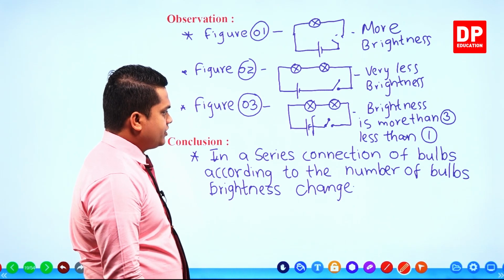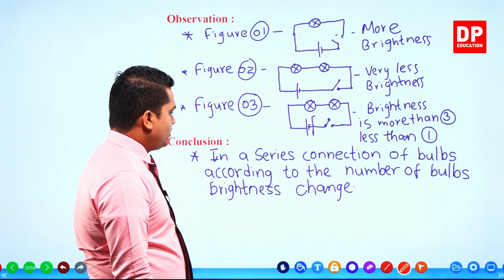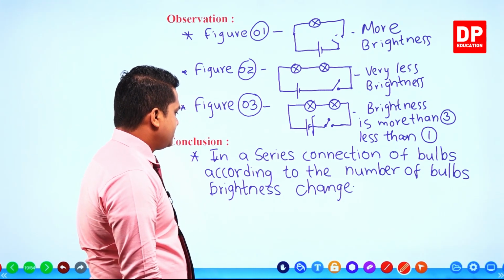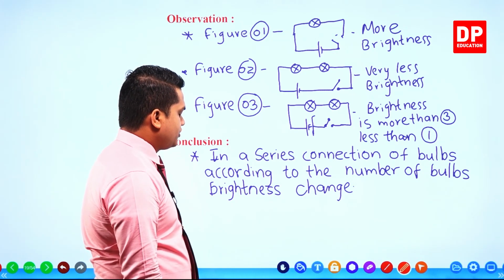So in a series connection of bulbs, according to the number of bulbs, brightness changes, right?